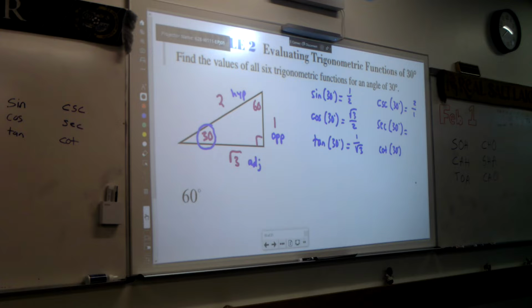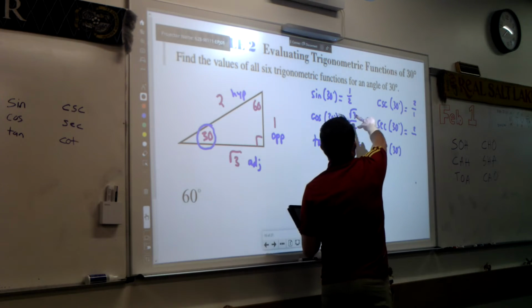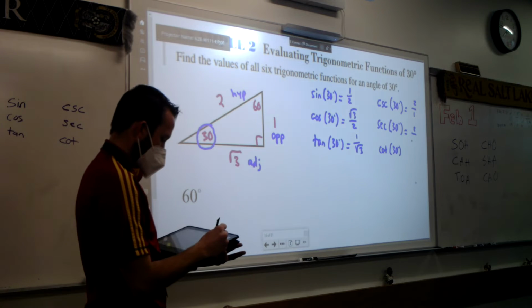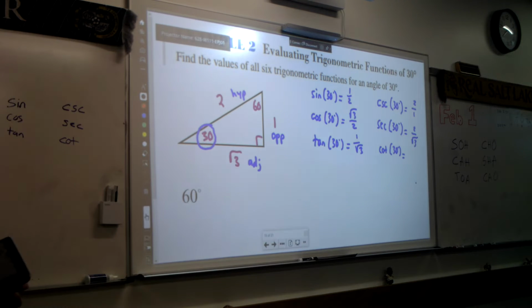And then Kaylee for the secant. Yep, you're right. Don't be shy. So it's going to be the reciprocal of cosine. So just take this, and then it'd be 2 over what? Square root of 3. Great. And then lastly, for cotangent, Leva, which we'll just write like that. Cool beans?